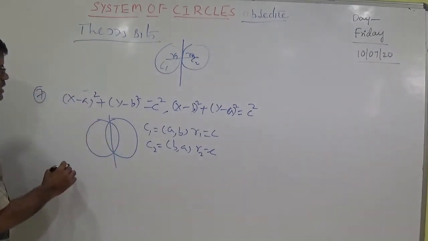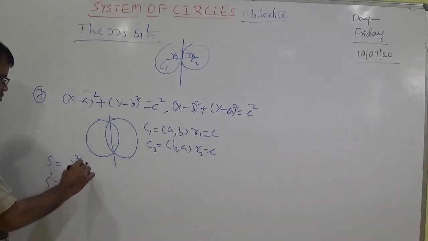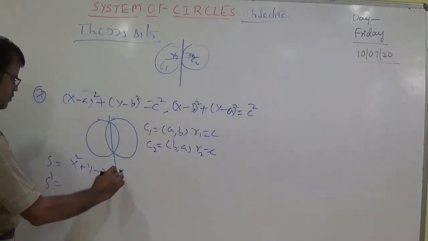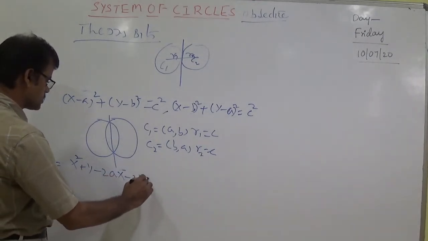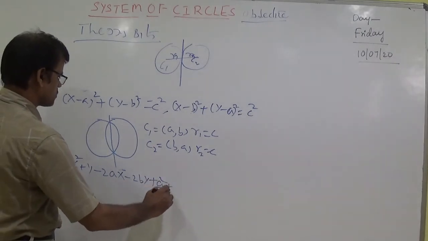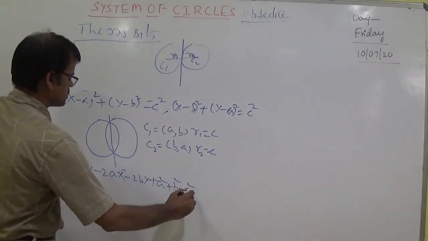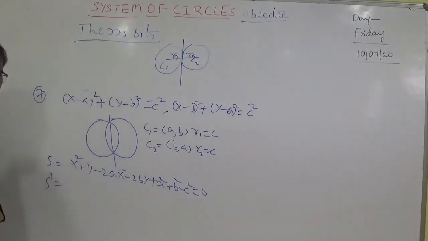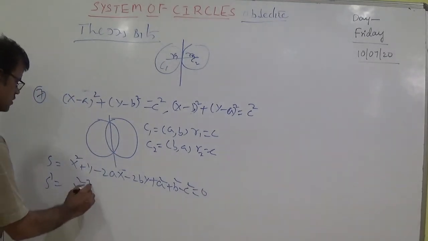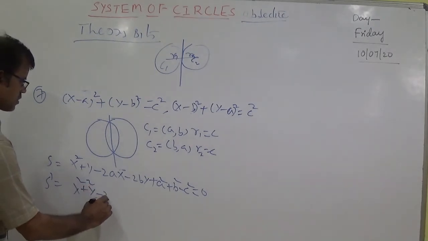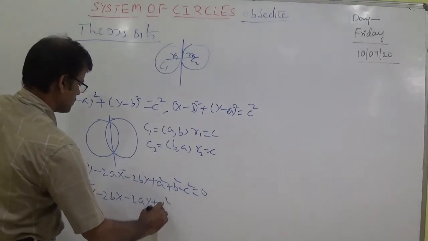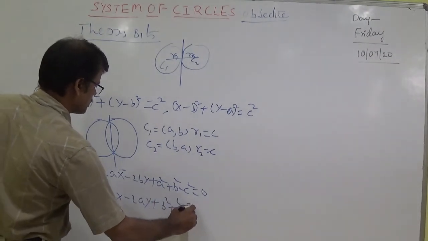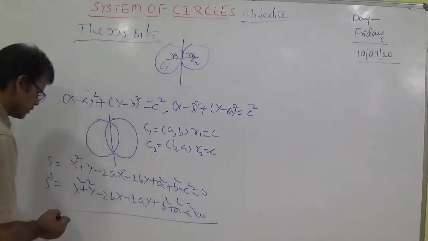Now find out the radical axis. The radical axis formula is S minus S dash equal to 0. You can write x square plus y square minus 2ax minus 2by plus a square plus b square minus c square equal to 0 as the first circle, and the second circle is x square plus y square minus 2bx minus 2ay plus b square plus a square minus c square equal to 0.